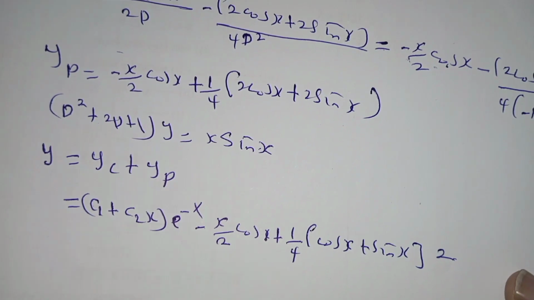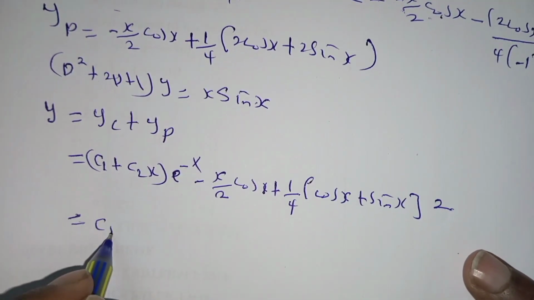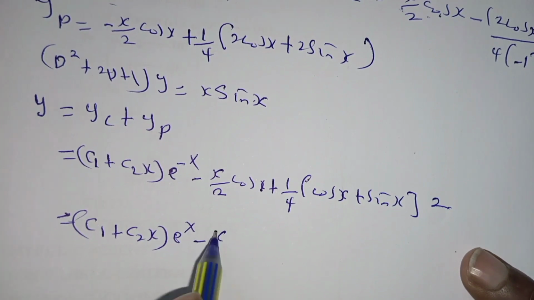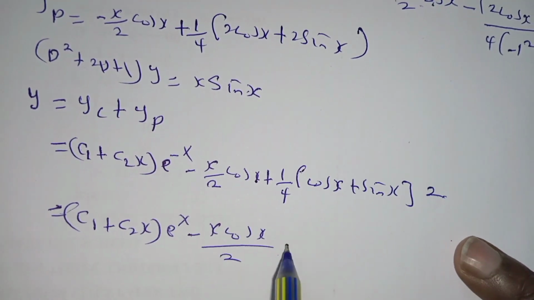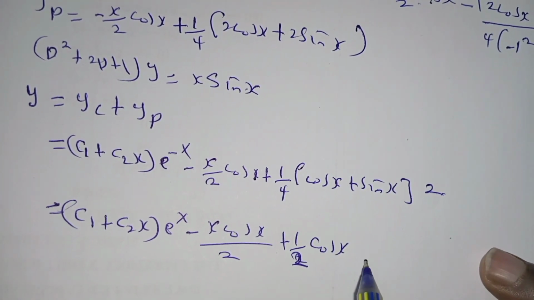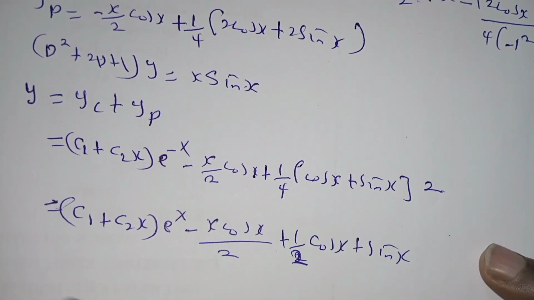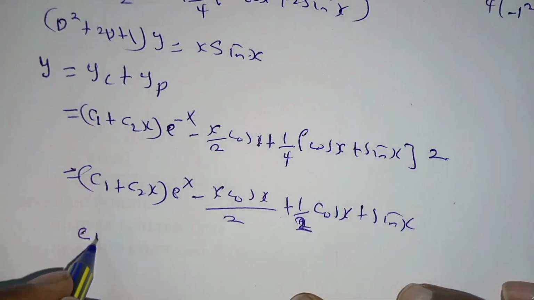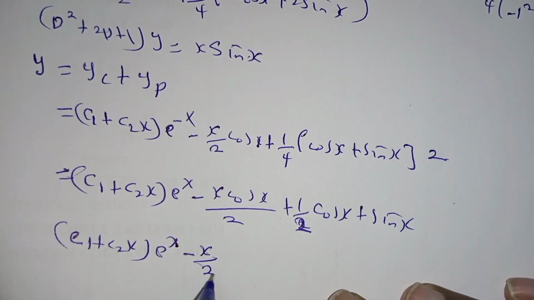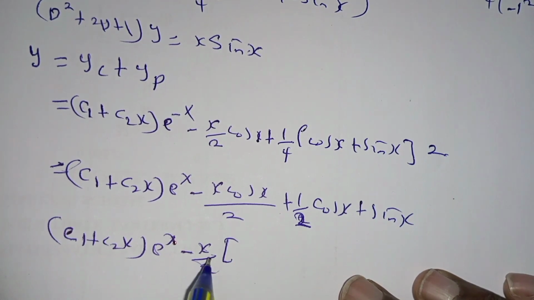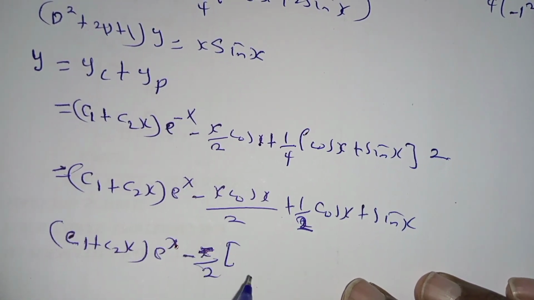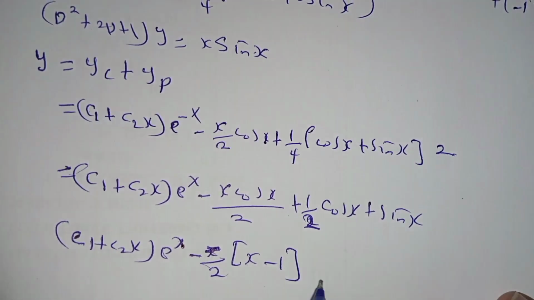You can factor 2 outside. This reduces to (c1 + c2 x) e^(-x) minus x cos of x over 2 plus half cos of x plus sine of x, which can be rewritten as (c1 + c2 x) e^(-x) minus x over 2 into bracket, no x is there, so (x - 1) cos of x.